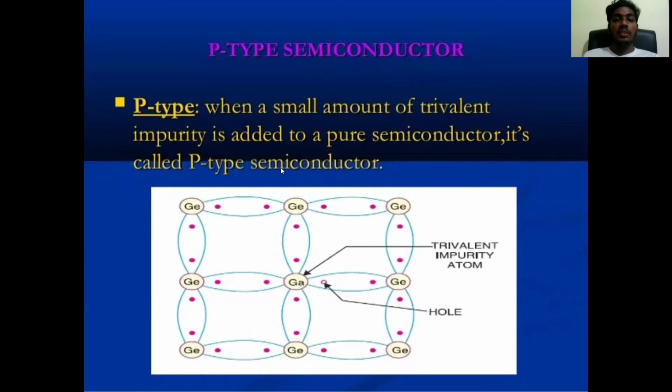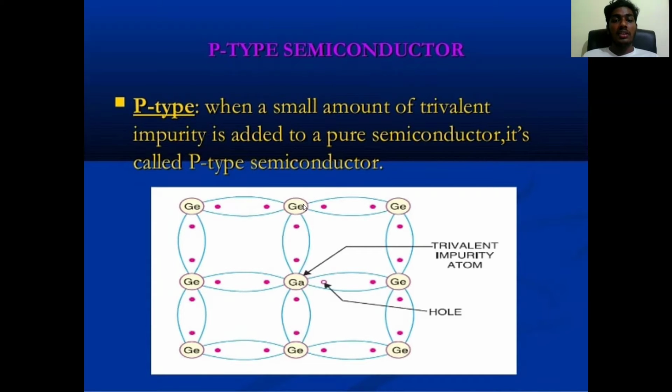P-type semiconductor. When a small amount of trivalent impurity is added to a pure semiconductor, it's called p-type semiconductor. When we add a three valency electron atom to a pure semiconductor, it is called p-type semiconductor.